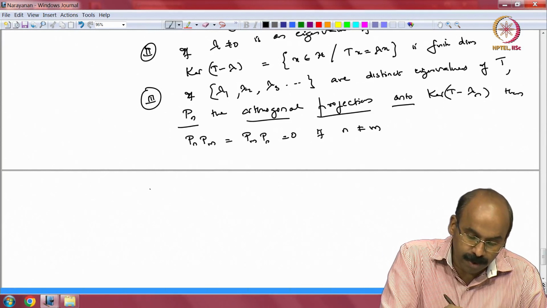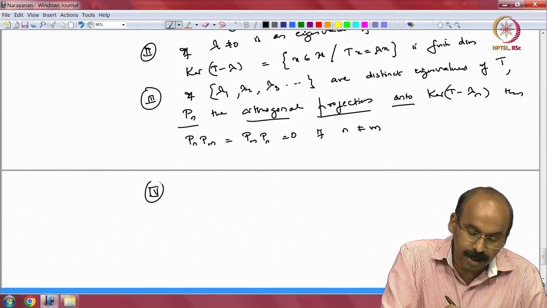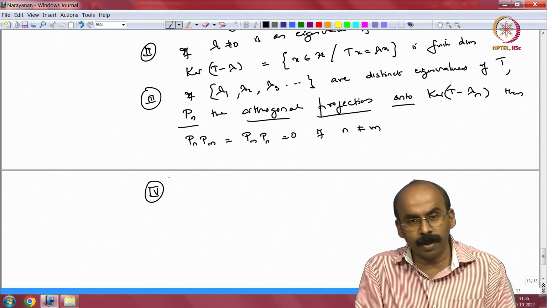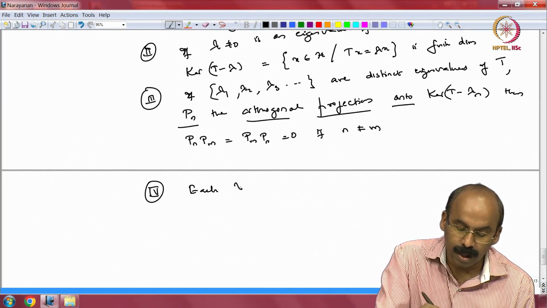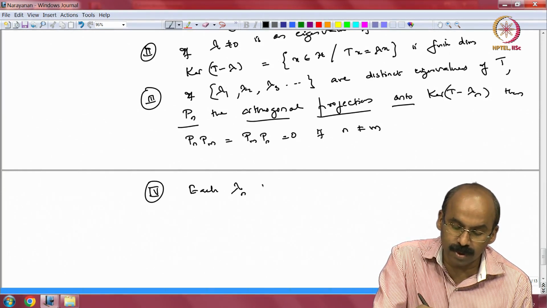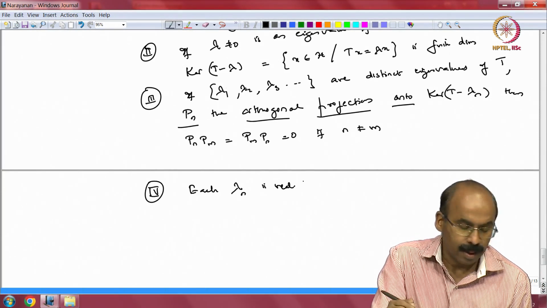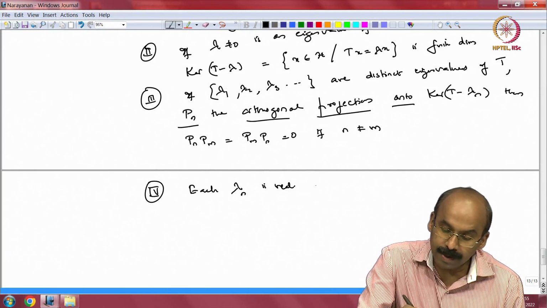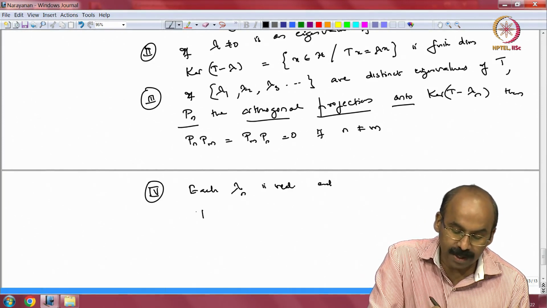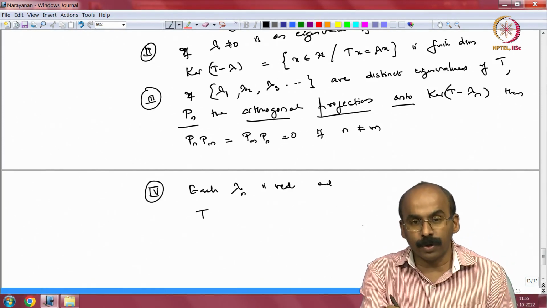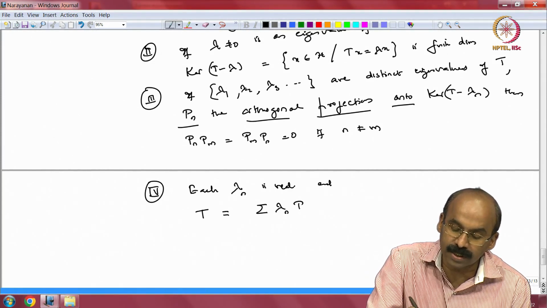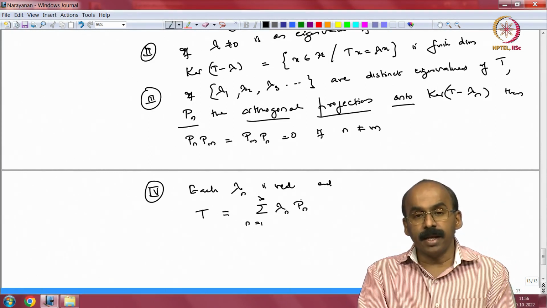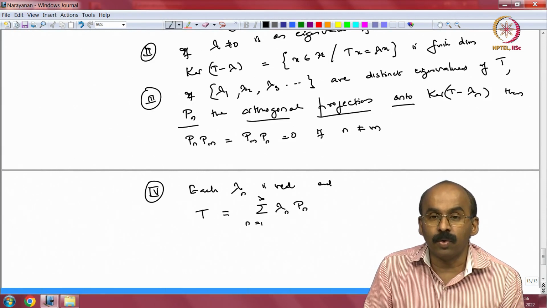And the most important part, after the fact that there are only countably many eigenvalues, each lambda n is real, which I had already included, and the operator T, my compact self adjoint operator, is actually a sum of these projections, sum lambda n Pn, n equal to 1 to infinity. So, that is an infinite sum of operators, so I should tell you what it means.